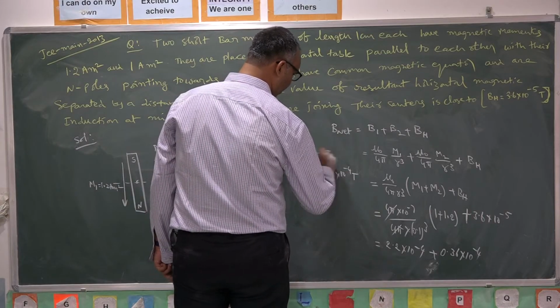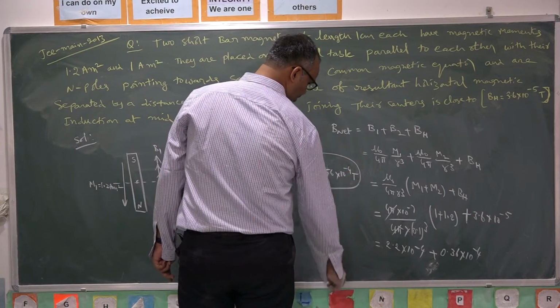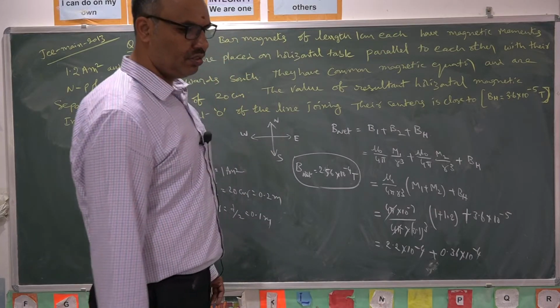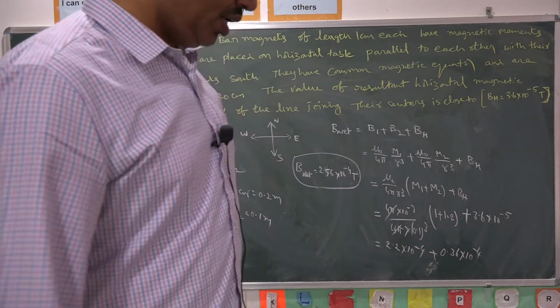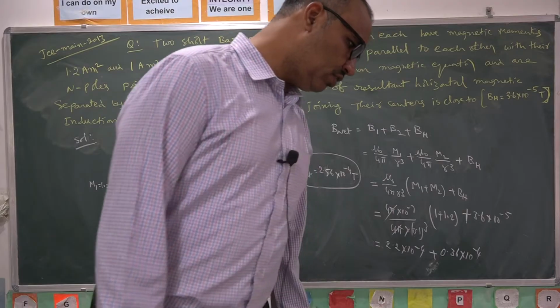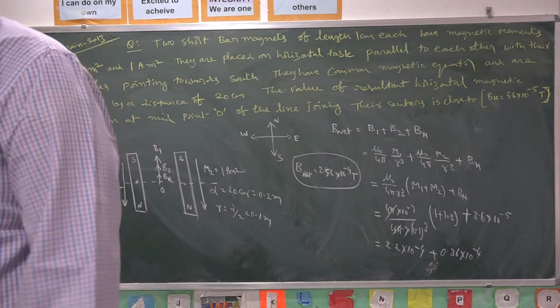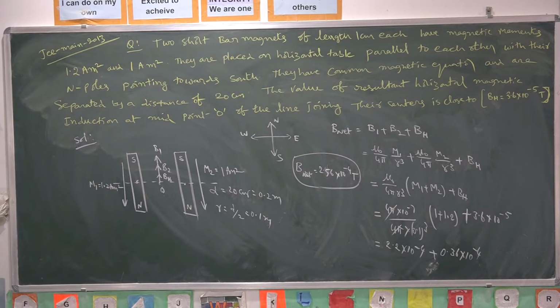This is the answer for the given question: 2.56 into 10 power minus 4 Weber per meter square or Tesla. Very, very simple solution it is.